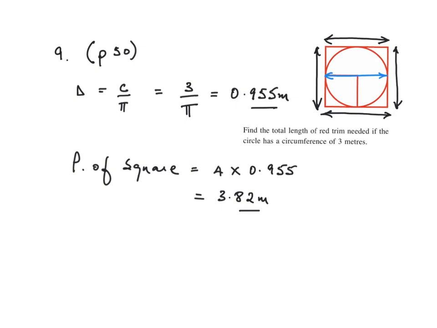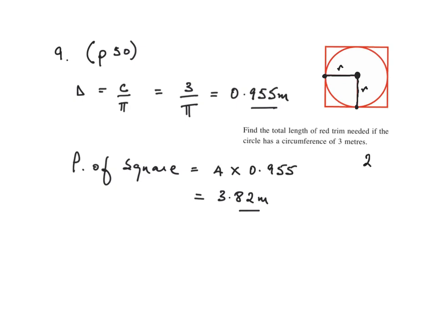Now I'm going to rub some of these things off. The only lines which we haven't taken into consideration are these 2 lines here. Now if that's the centre of the circle and that's the circumference, that means that's the radius, and that's the radius as well.